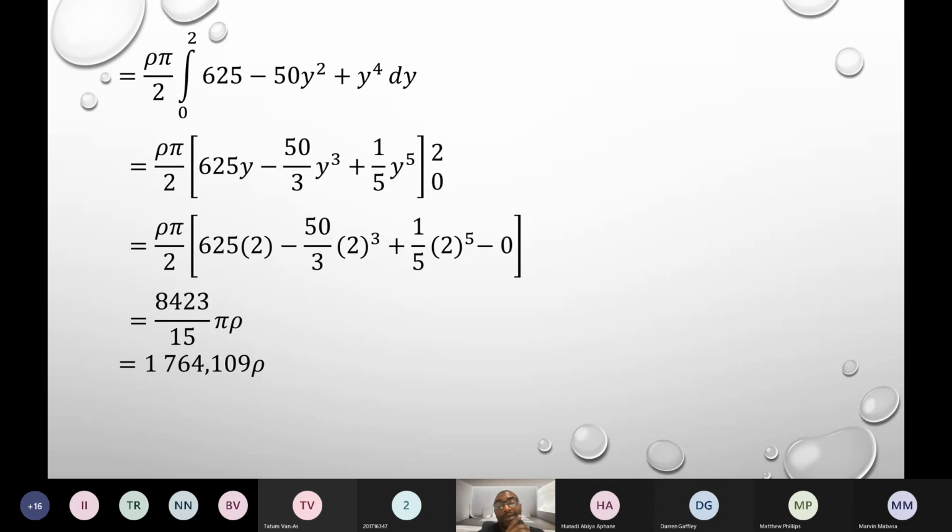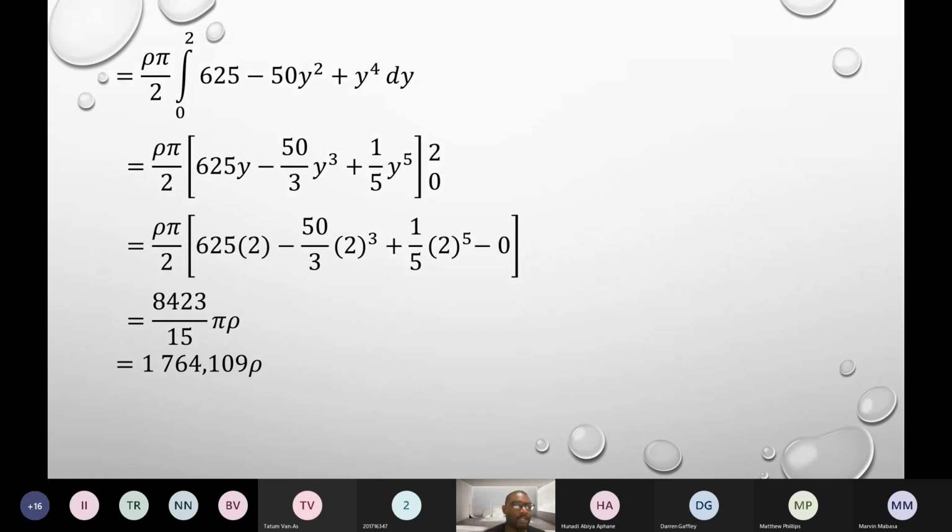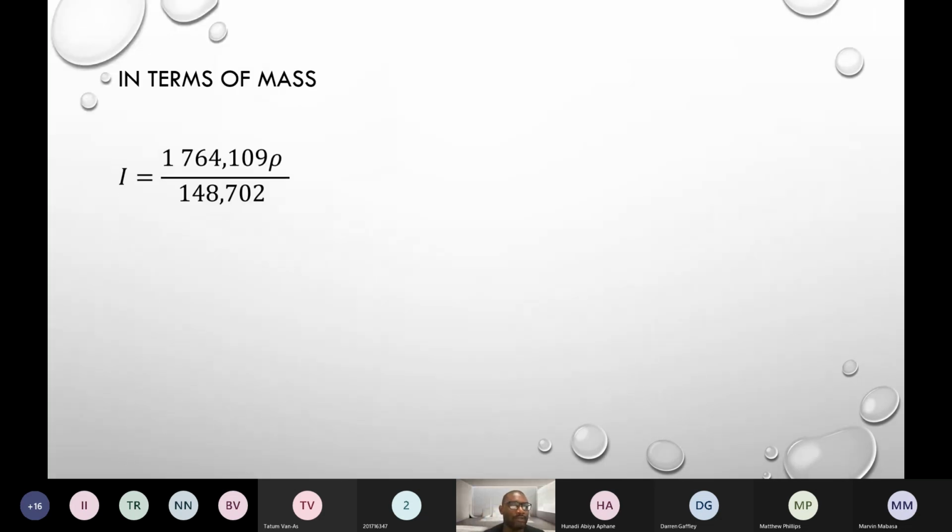They might ask you to put your answer in terms of mass. If they don't ask you, don't do it. If they ask you, you need to do it. So in terms of mass, you just divide your answer by your volume, then you put it with an M. So this was example 1 that we did last week.